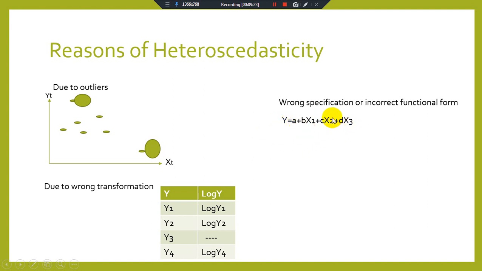So the best example is if you are taking your university furniture and road accidents and their relation, then regression will give you some type of negative or positive relation. But technically this is a wrong specification. Theoretically this is a wrong specification, because university or school furniture doesn't have any significant or insignificant theoretical relationship with road accidents.